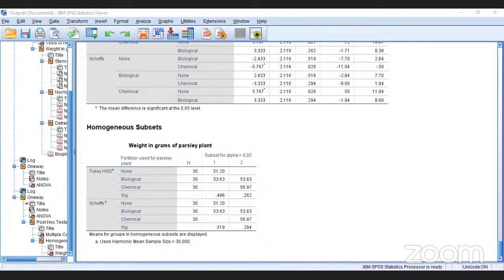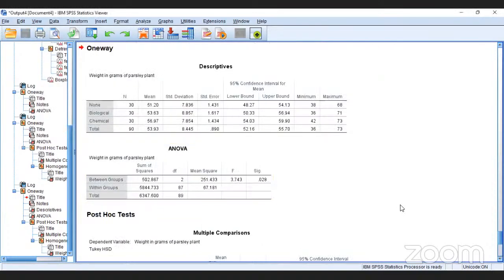So for the post hoc, let me take just one. And then let me request descriptive statistics for us to better appreciate. Let's start with the descriptive statistics. So we have the mean and the standard deviation for our different categories. Where do we have the highest mean?